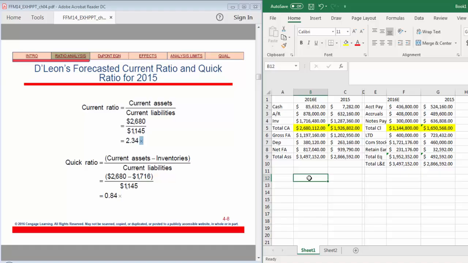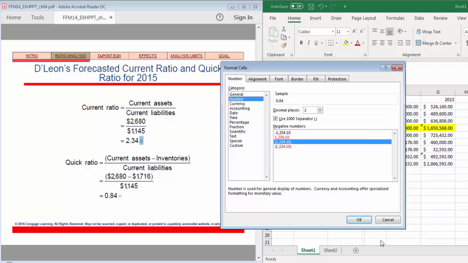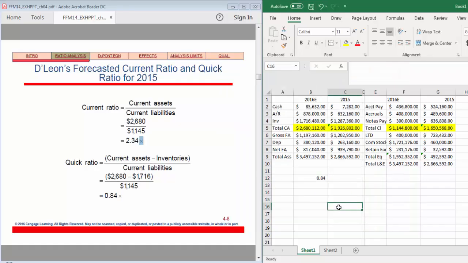So to really look at this ratio, practically we decide to subtract the inventory level from current assets. That means taking total current assets minus inventory, and I can just put that in a bracket, divided by current liabilities, which is this number. And now you see that we have 0.84 times. You can just take off the dollar sign because that was the thing we had used earlier. There you go. So 0.84 times.